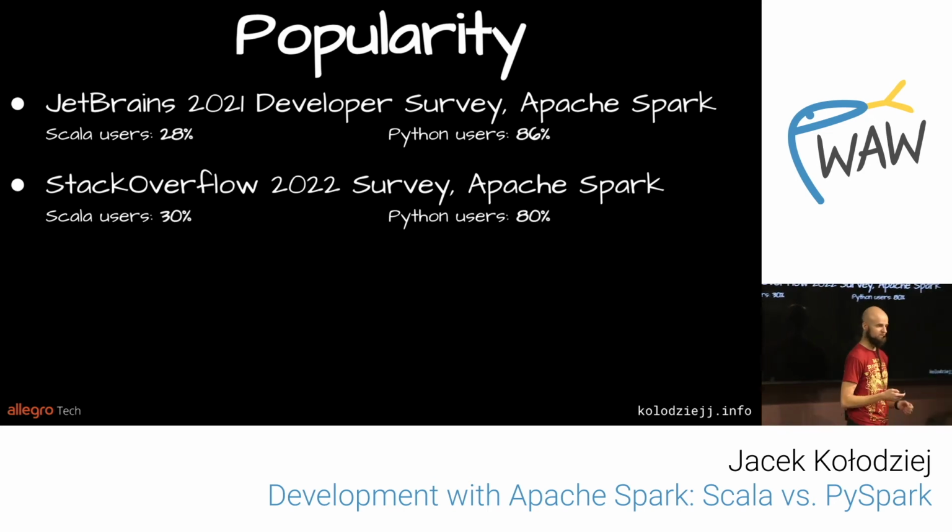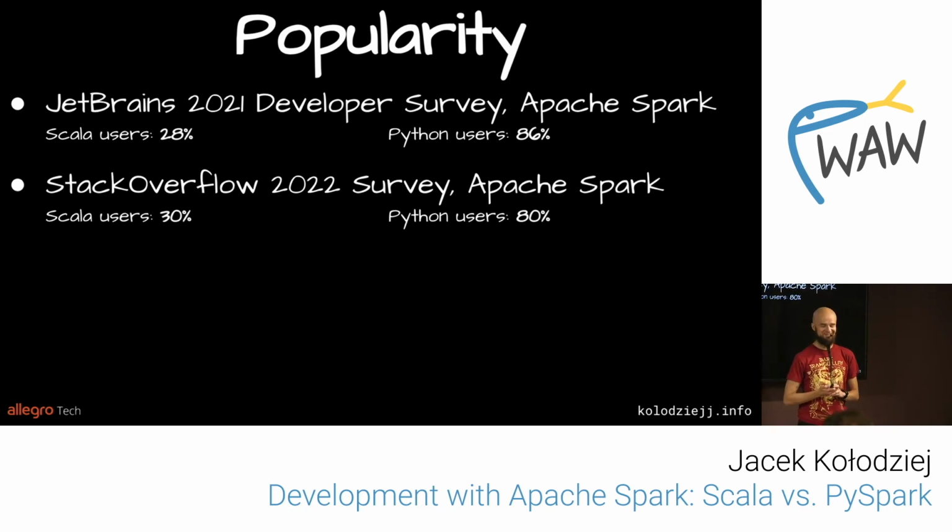And the percentages look like this. It doesn't tell me much, because this is a very poor statistic, to be honest. But there are at least some Scala and some Python professionals that use Apache Spark.